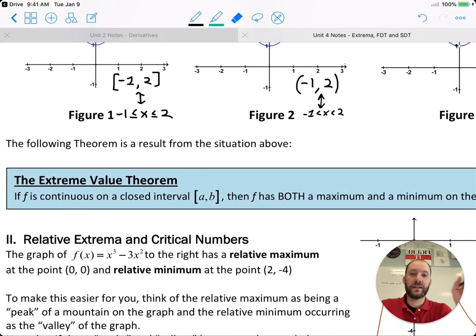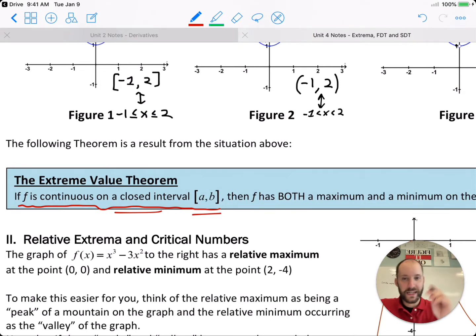All of this leads us to the extreme value theorem. So there's a hypothesis, there's an if-then, you have to fulfill the hypothesis, okay? So for the extreme value theorem, f has to be continuous on a closed interval. That's important. A closed interval, inclusive, a to b.